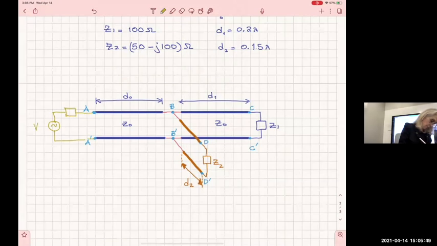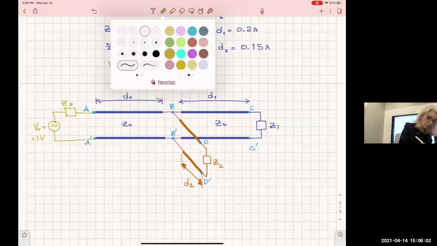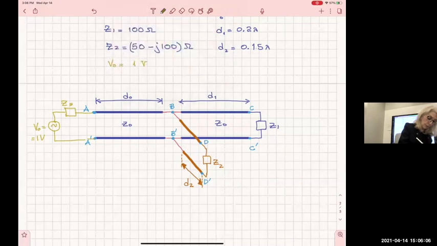And then V naught, I can make it equal to 1 volt, and ZS, as I said here, V naught is 1 volt. Make it a little darker so you can see it, that ZS is say 80 ohms, right? Excuse me. All right.